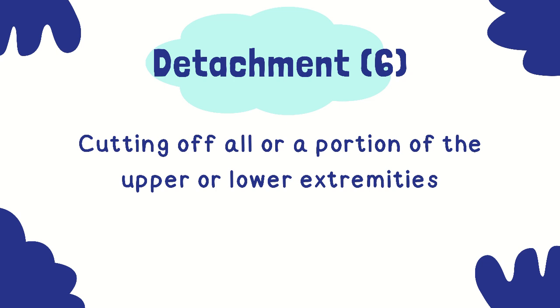Now I am going over to the third root operation, which is detachment, which is cutting off all or a portion of the lower or upper extremities. So here's one thing I want to call out that I think is important for your notes as you're trying to figure out what is the difference between these different root operations?